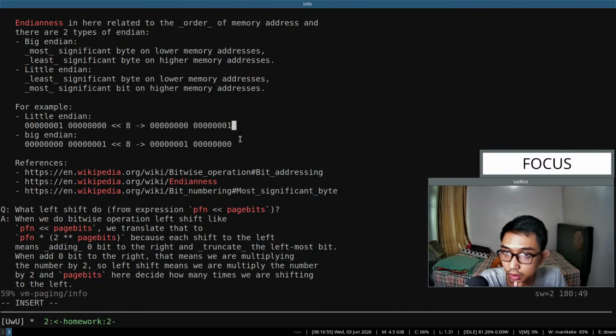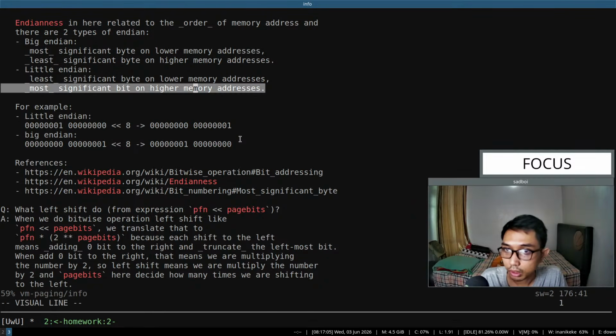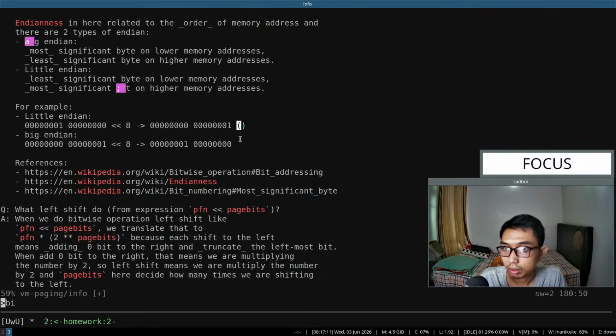So this is, wait, most significant bit on higher memory address. So it's, wait, not bit but byte, right?